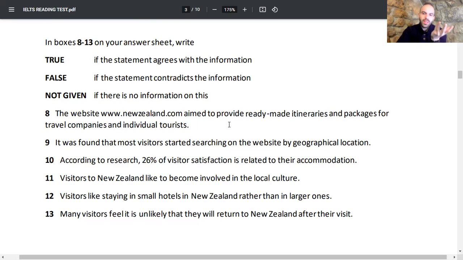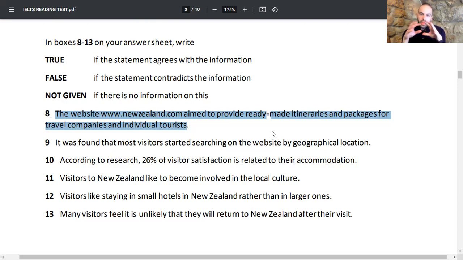So you need to understand this sentence very well to see if you would be able to find it in the text or not. If it's true, false, or not given. If you find the concept of the sentence or the overall context of the sentence written in the text in a different way, then it's true, because you're not going to find the same sentence copied in the text. It's going to be written in a different way using different words, that's what we call synonyms, okay?